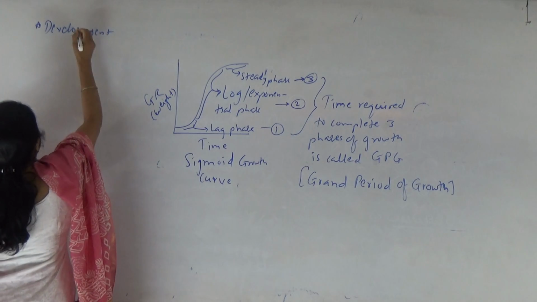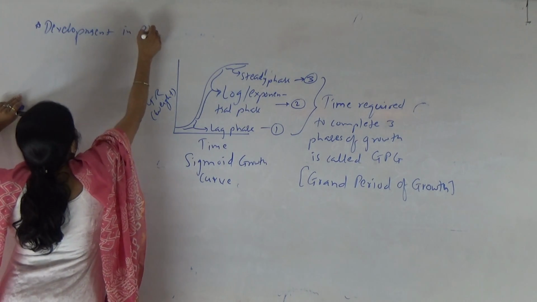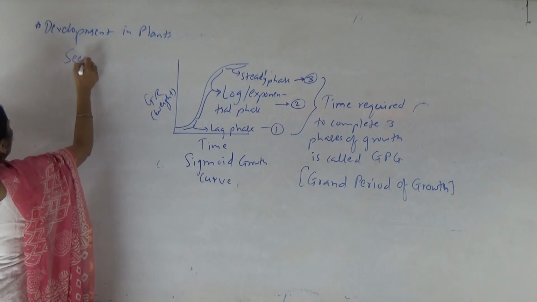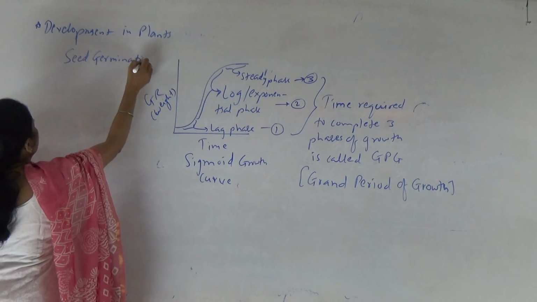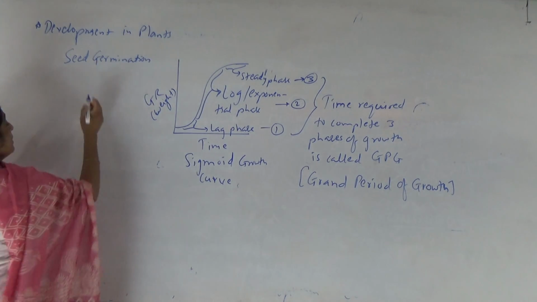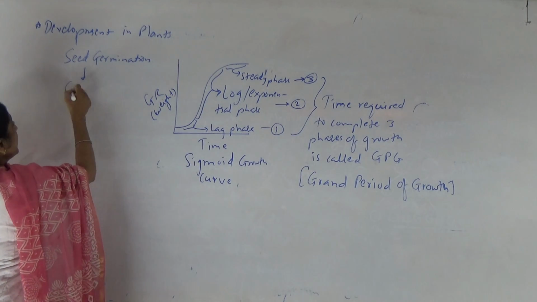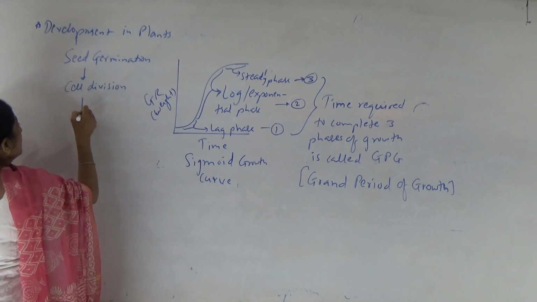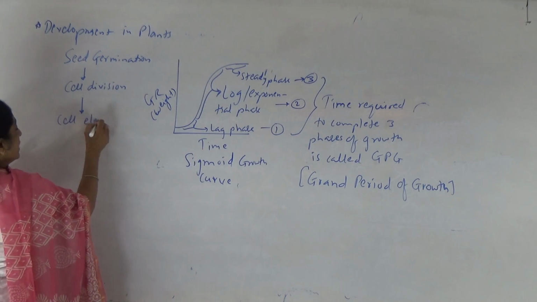So development in plant or its life cycle starts from seed germination, right? So I told you the first phase of growth in plant, that is seed germination, right? Then seed germinates as a result of cell division. Okay, cell division results in cell elongation.